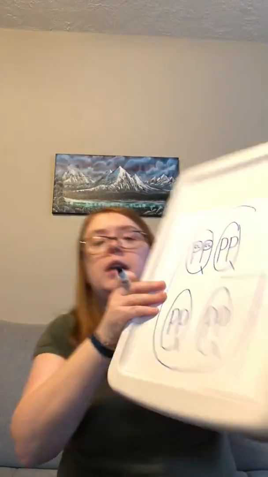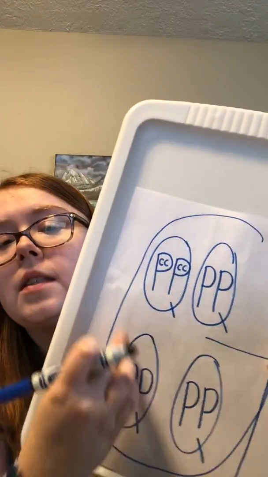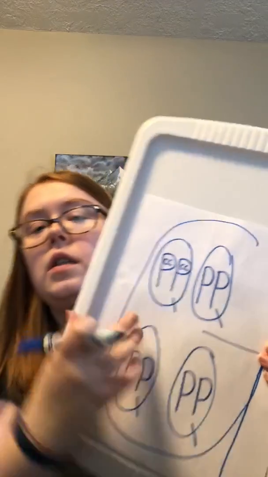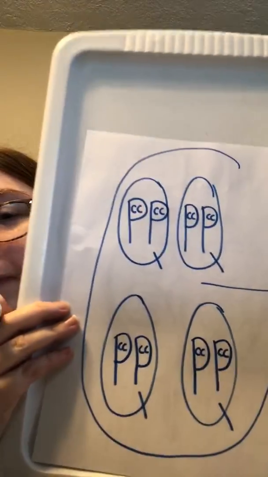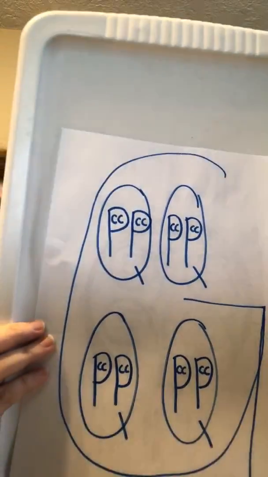So I'm going to draw 2 C's inside each P. And as I'm going to continue doing this, you should see 2 C's inside each P. And your final picture should look like this.